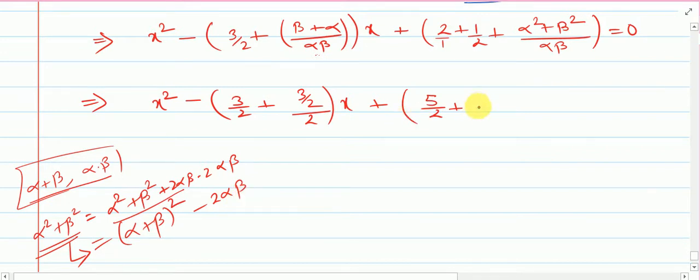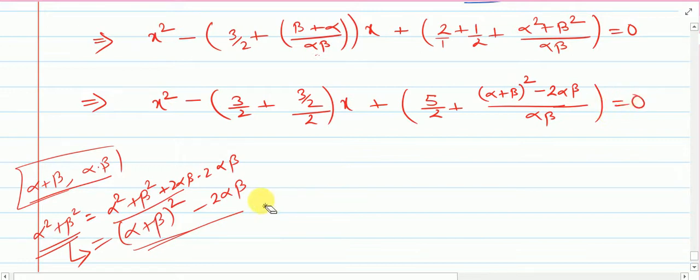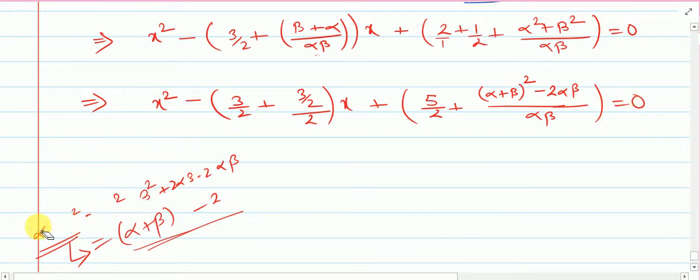So what we will do is, instead of writing alpha square plus beta square in the numerator, now you can write this. Okay, so you get alpha plus beta whole square minus 2 alpha beta upon alpha beta here 0.